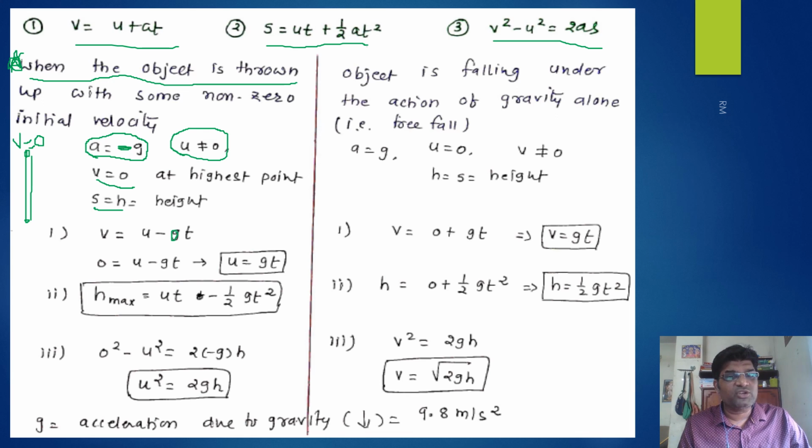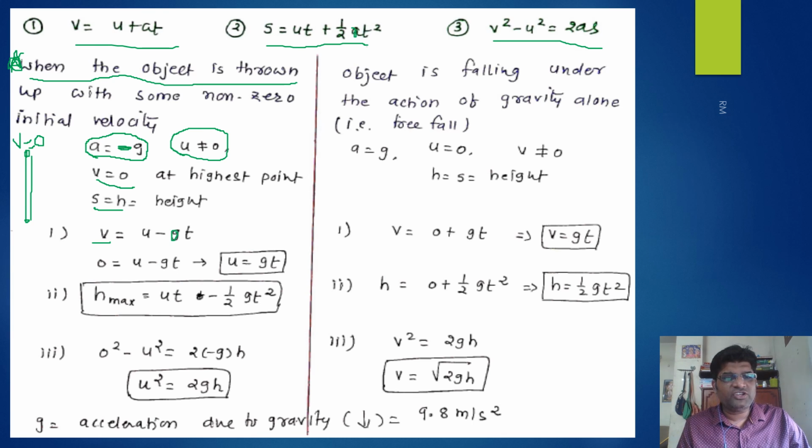At the highest point, you can put v is equal to 0 and you get the equation u is equal to gt. Got it? Good. Then your next equation, s is equal to ut plus half at square. Again this a is replaced by minus g. This equation becomes ut minus half gt square, right?